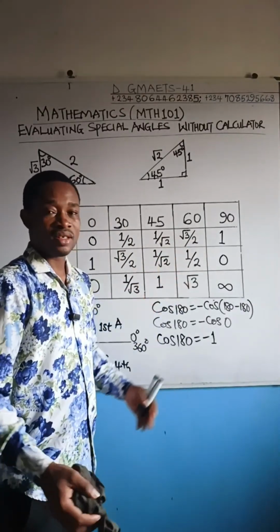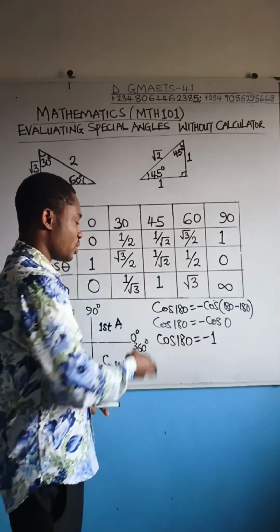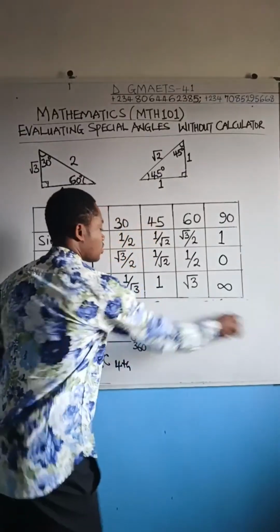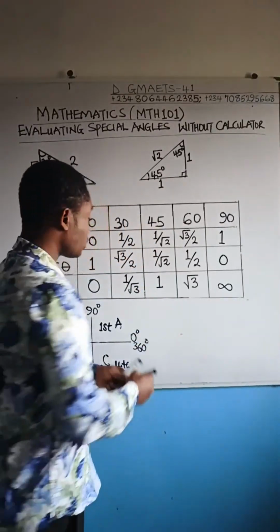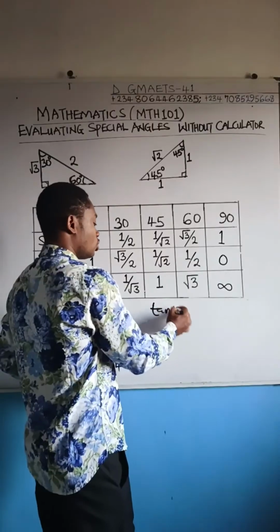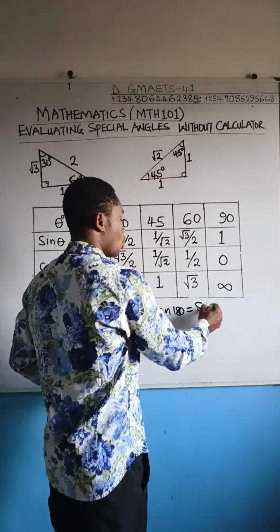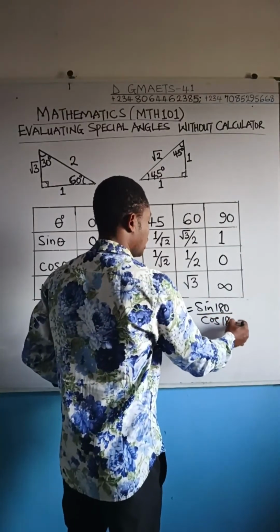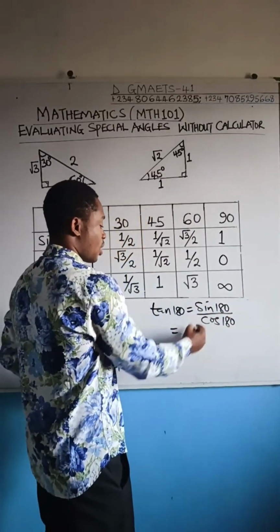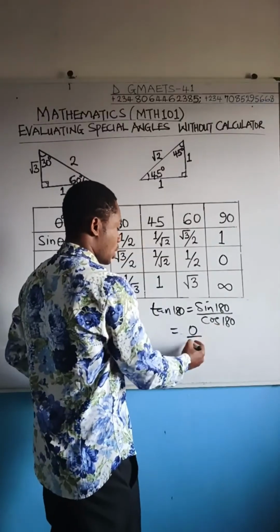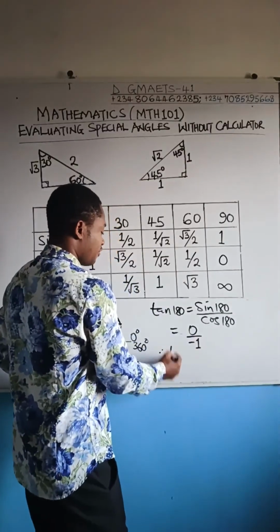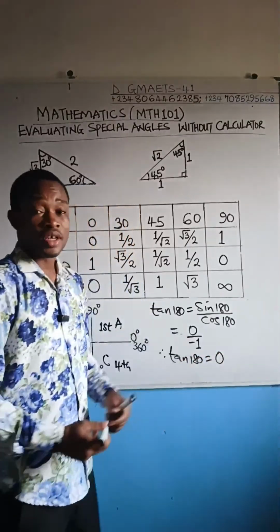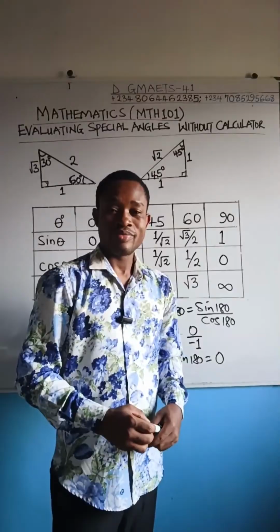And if you subject it to what we've explained, of course, you know that sine 180 is 0, divided by cos 180, which is minus 1. Therefore, tan 180 should give us 0, because 0 divided by minus 1 is 0.